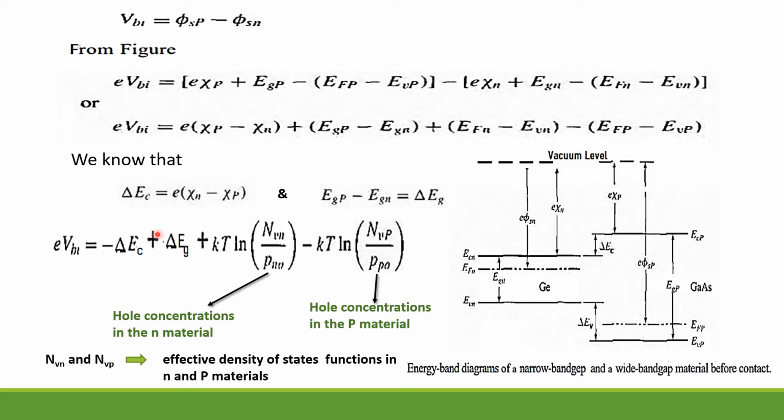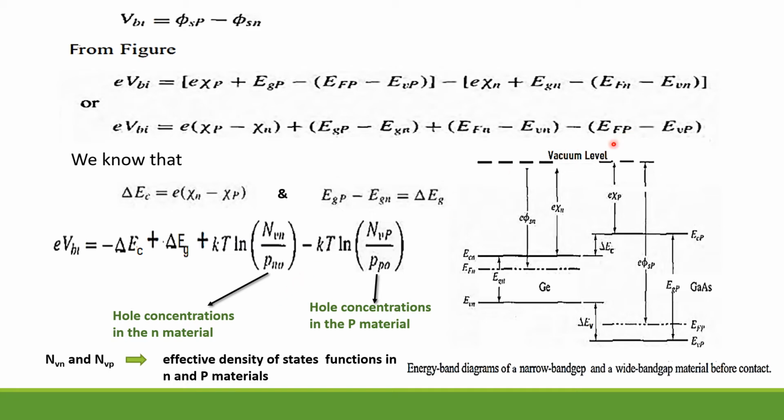We have already studied that delta EC is E into chi N minus chi P. So, the first term is minus delta EC. And EGP minus EGN is delta EG. So, we can write the second term as delta EG. The third term is KT into log NVN divided by PNO.